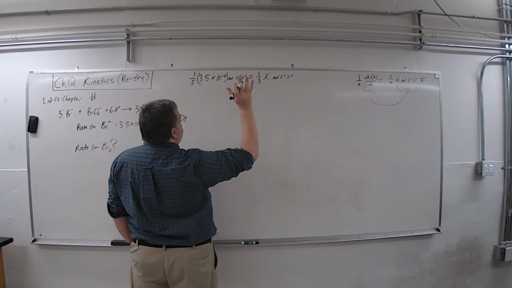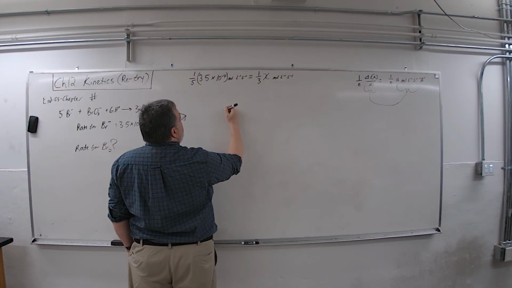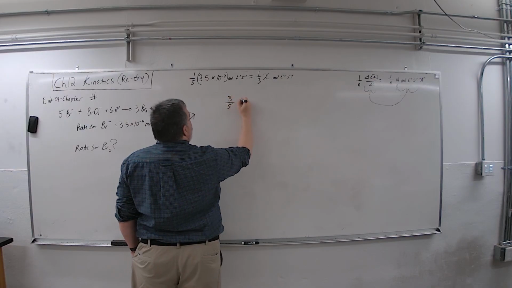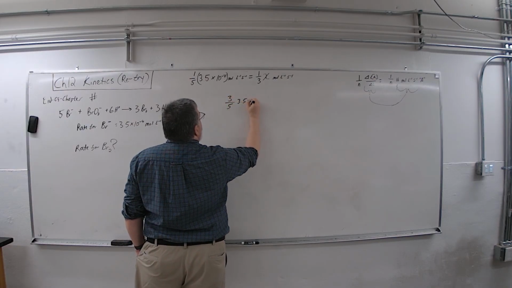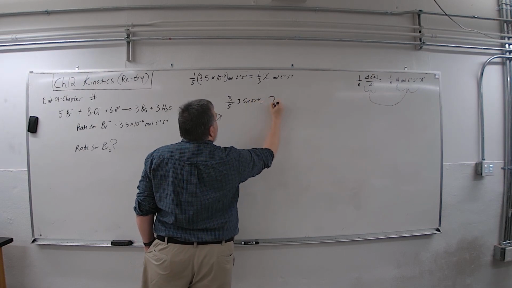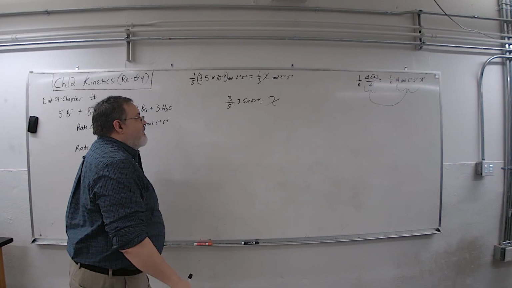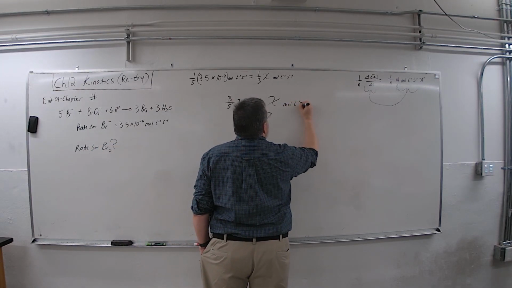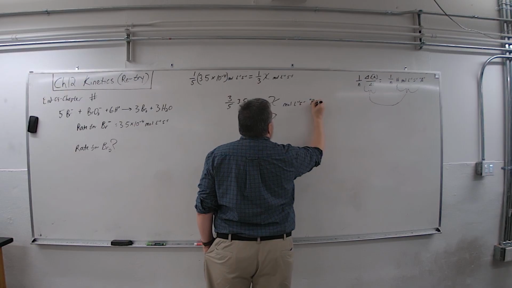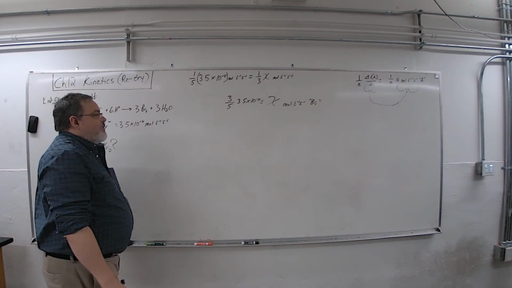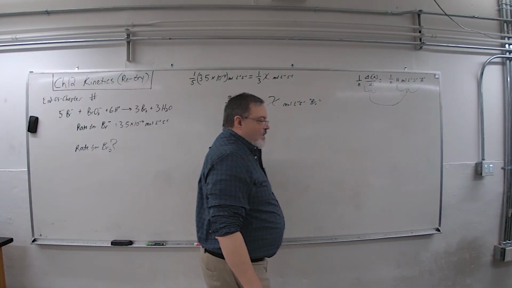Oh, I didn't write my labels. Maybe I can't give them too much crap. Multiply both sides by 3. That equals X, and if I had my labels here, this would all be here. Three times 3.5 divided by 5.